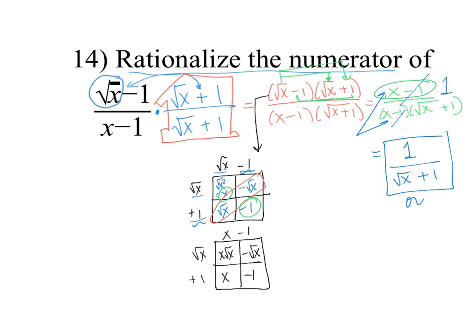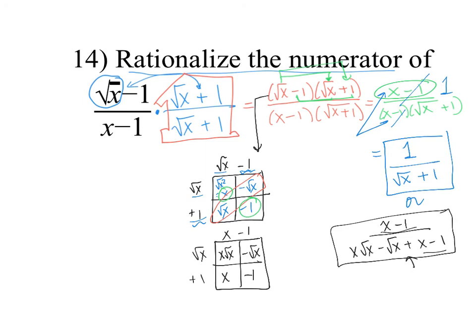So it looks like my numerator would be x minus 1 over x square root of x minus square root of x plus x minus 1, which at first glance doesn't really look like anything could simplify. This x minus 1 and this x minus 1 are not able to reduce because it's not factored. They're just added together. So you could say that that's your final answer. You're just missing a little bit of simplifying, but it's still good. This is just pretty neat if you notice the x minus 1s, because then right away you're a lot simpler, but both of them would be acceptable.